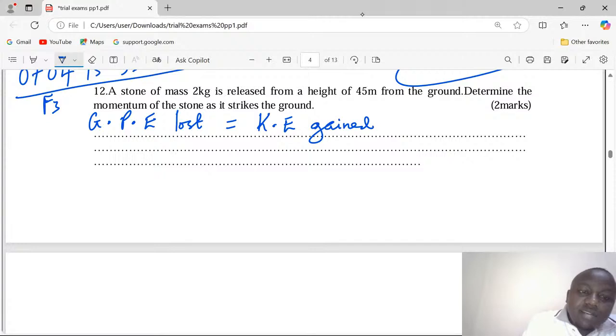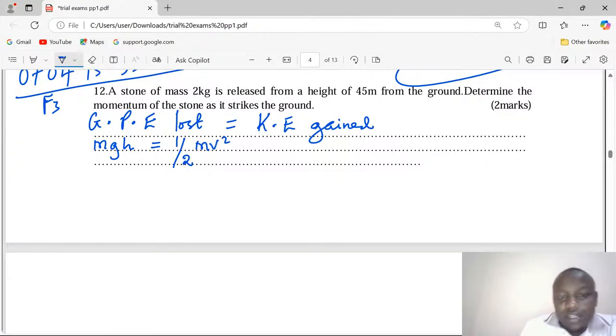Gravitational potential energy is given by mgh. This is equal to the kinetic energy, half mv squared. Because the mass is of the same object, it can even cancel.